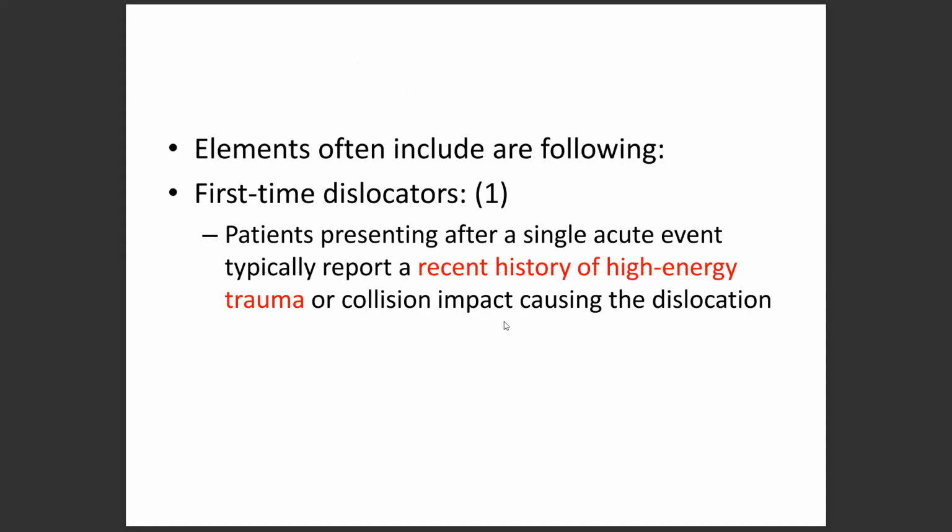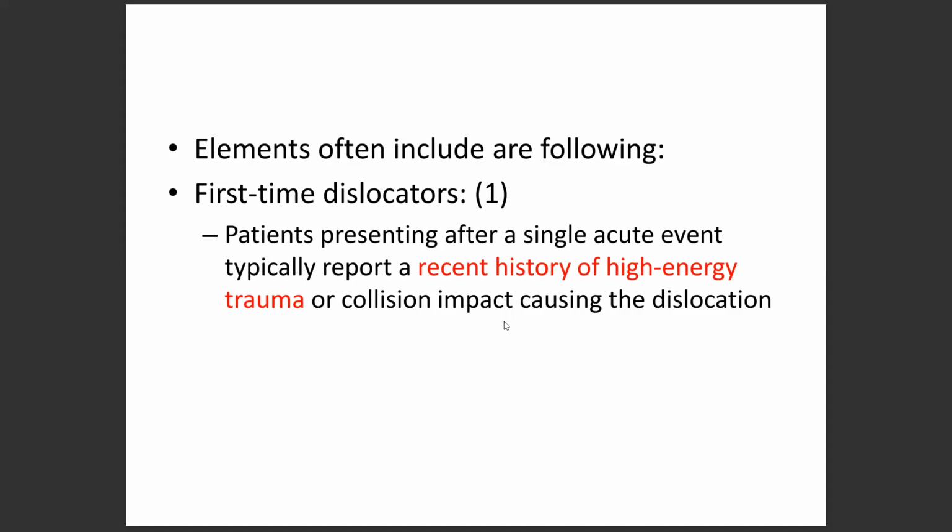Elements often included in that comprehensive examination of a patient with shoulder instability include the first-time dislocators. So, patients presenting after a single acute event typically report a recent history of high-energy trauma or collision impact causing a dislocation. So, if it is the index injury or the first time that there is dislocation, mostly it will be traumatic.